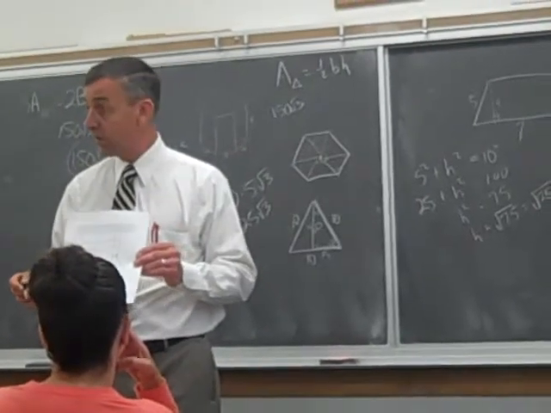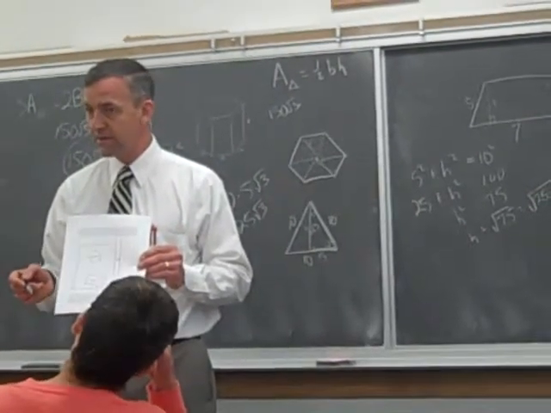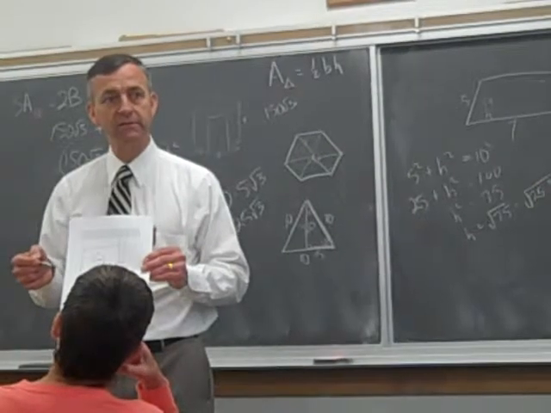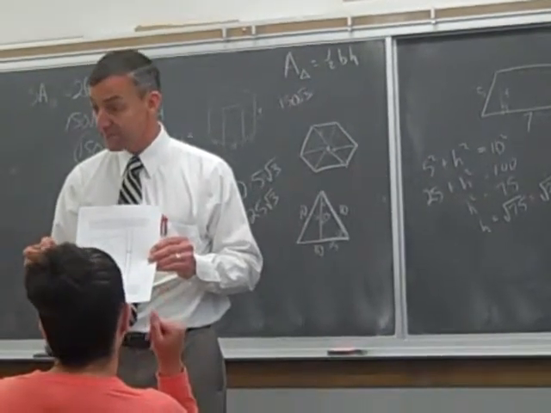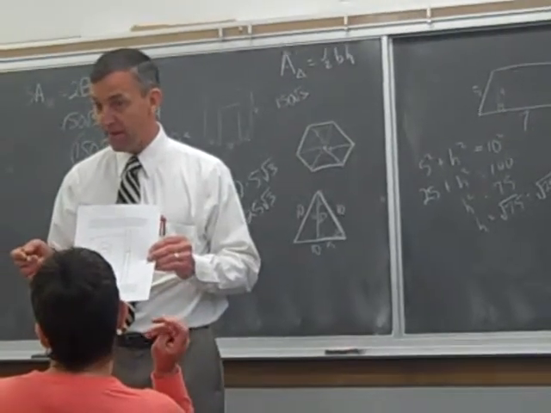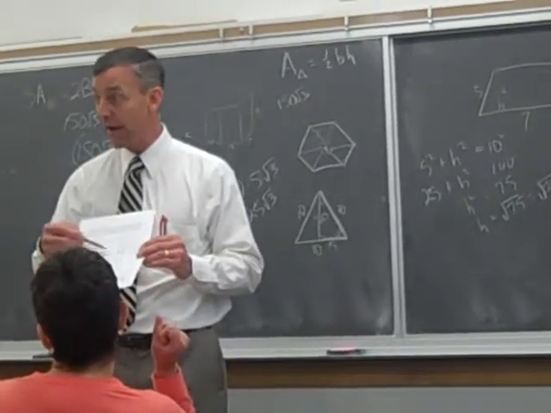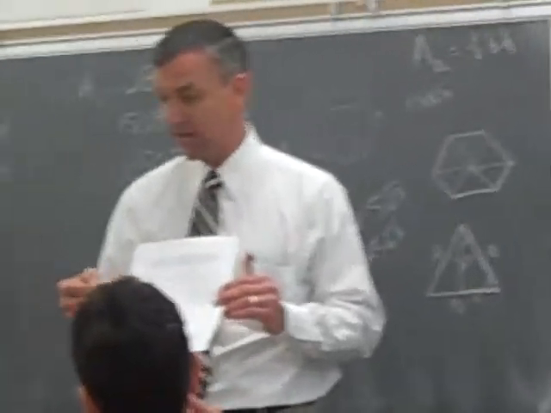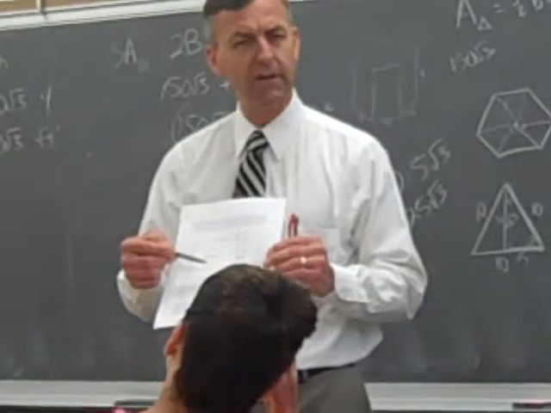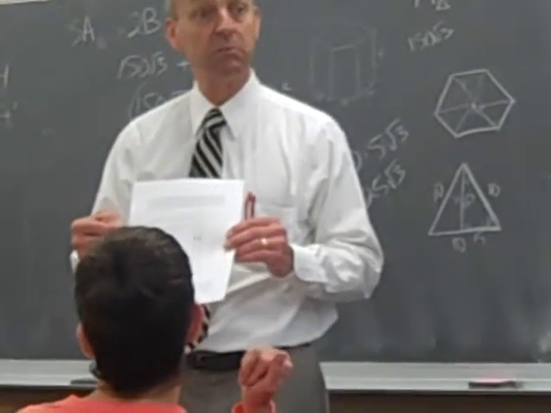And therefore, we could locate its center how? If it's inscribed in the triangle, we're looking for the incenter. Incenter, inscribed triangle. And how do you find that? Angle bisectors.